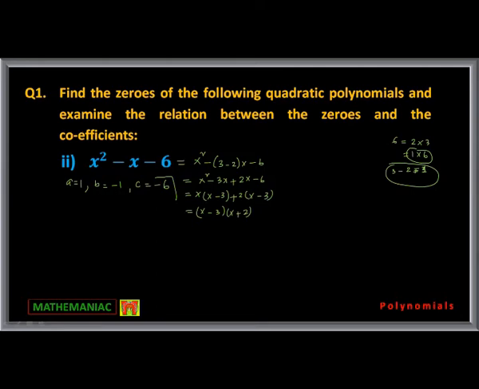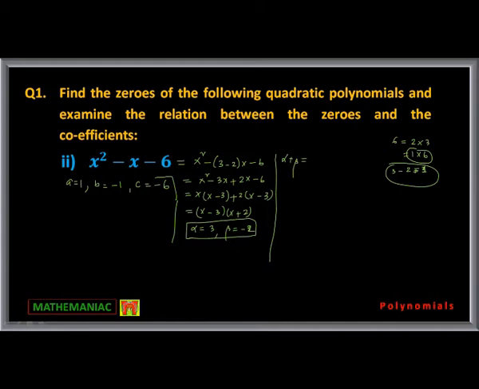This time I am going to use alpha and beta for the zeros, as I wrote zeros in the previous case, so you can use alpha beta also. So you have got zeros, 3 and minus 2. Now what is the next part to be verified? Next part to be verified is alpha plus beta equal to minus b by a.